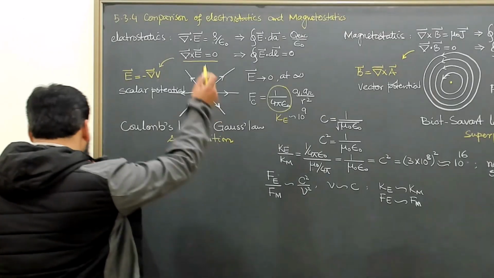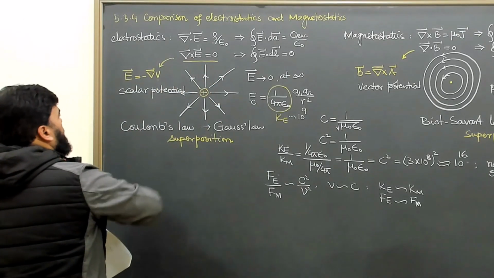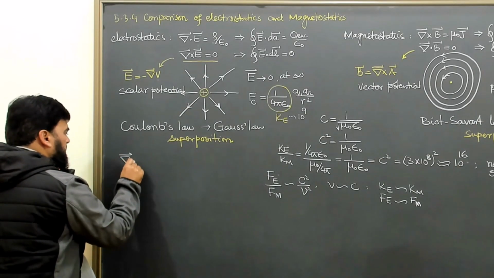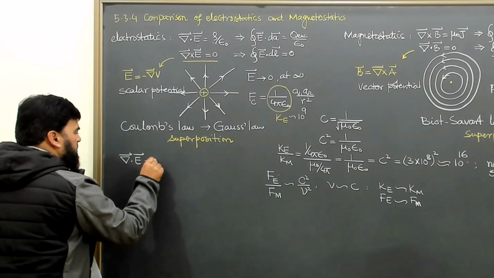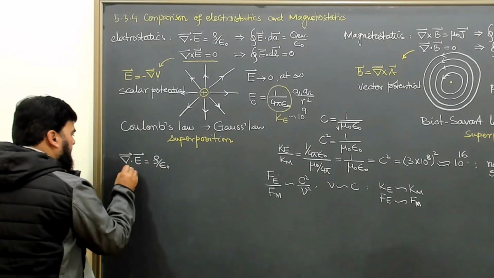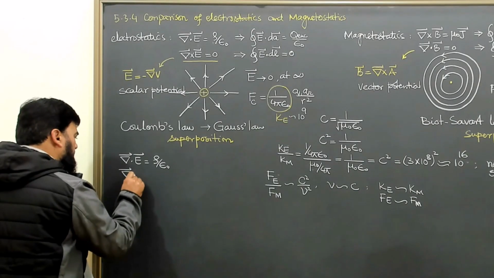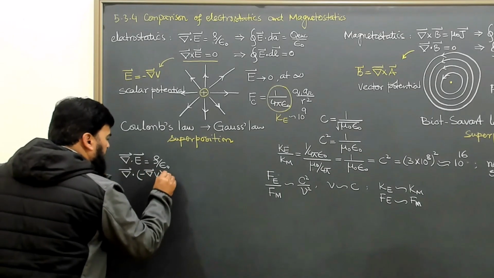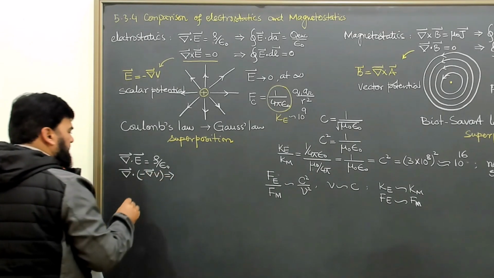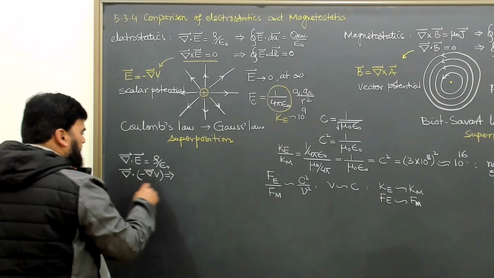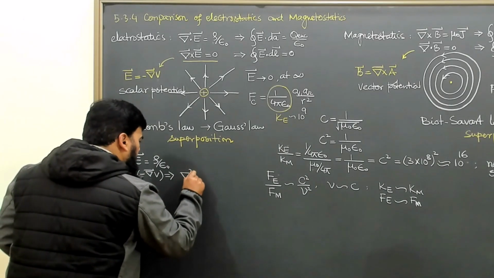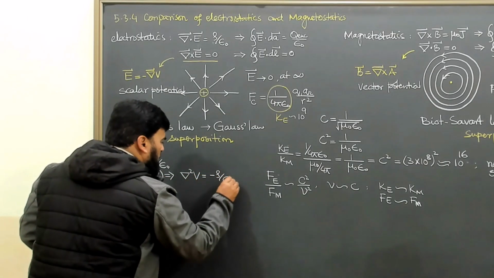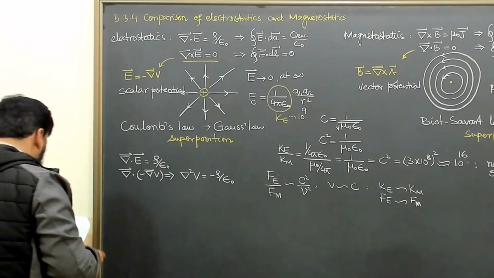We have the divergence of E equals rho over epsilon naught, and for E, if I write minus del V, then this implies that del square V is equal to minus rho over epsilon naught.